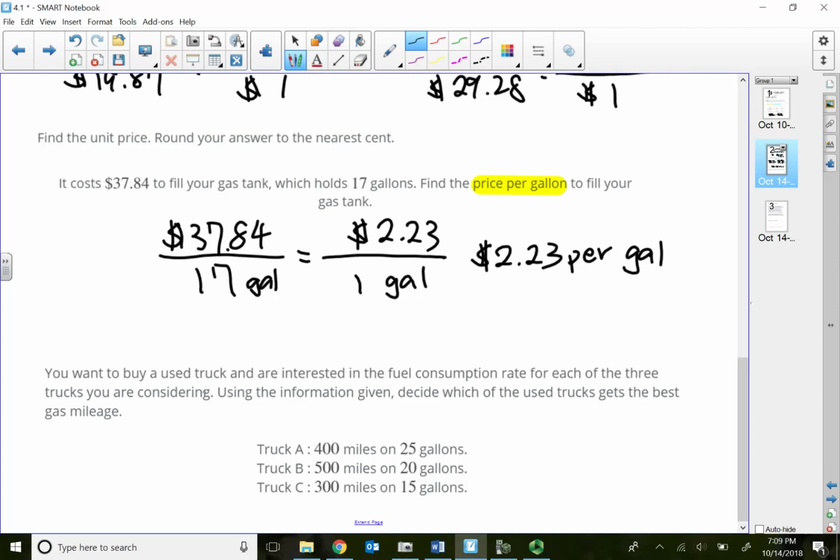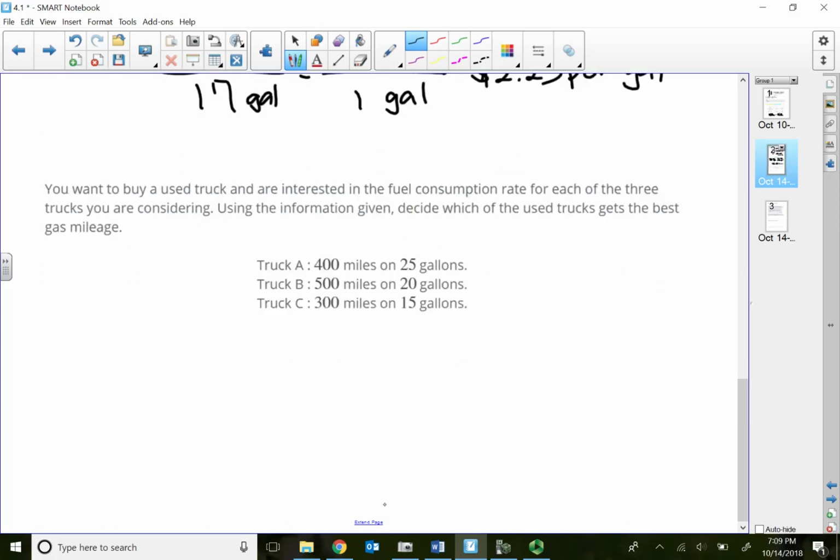All right, you want to buy a used truck and are interested in the fuel consumption rates for each of the 3 trucks you're considering. Using the information given, decide which used truck gets the best gas mileage. Gas mileage is very simple. We're just trying to see which one can go more miles per gallon.